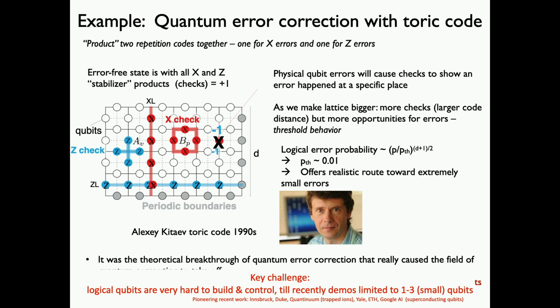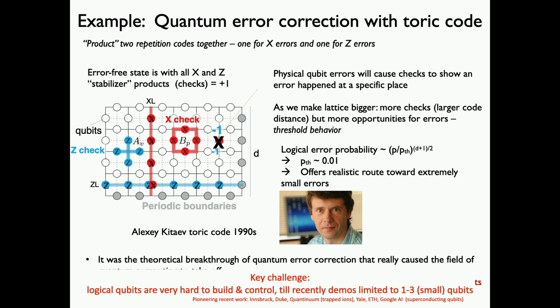In fact, up to very recently, all experiments in this field were limited to doing a very small number of operations on a very small number of qubits, like 1 or 2 operations on 1 or 2 qubits.